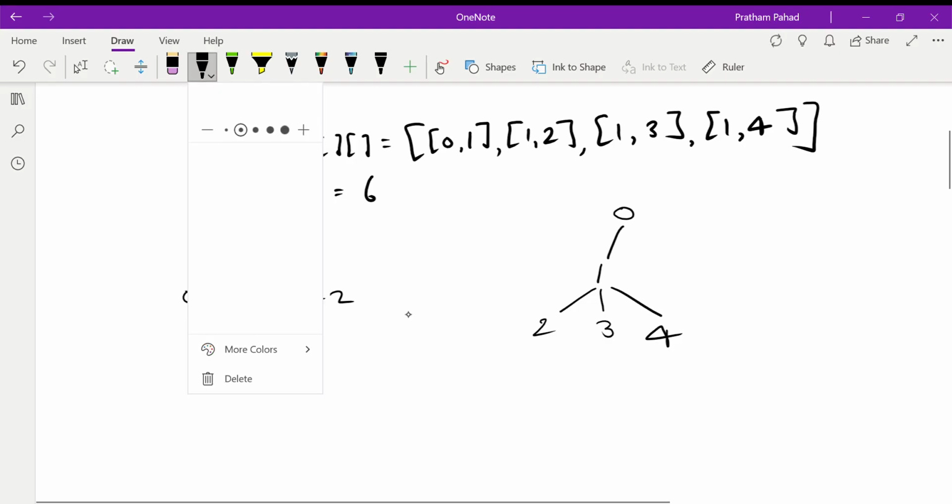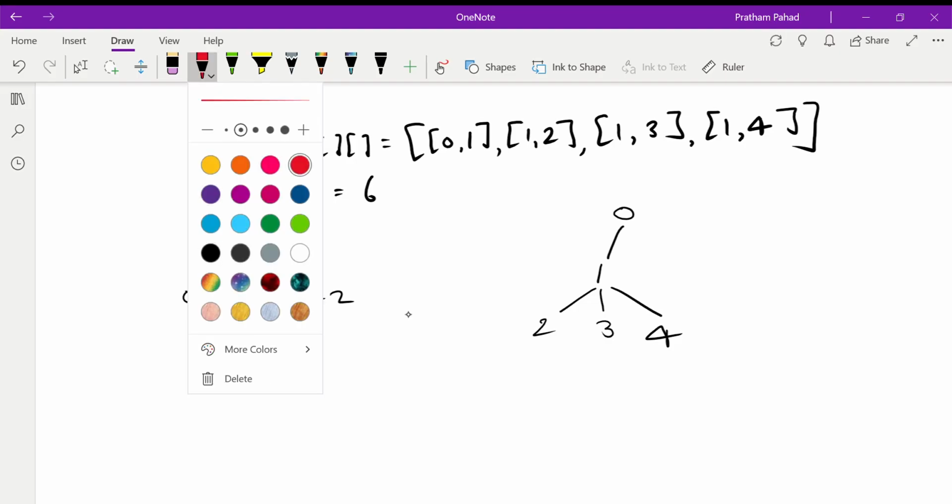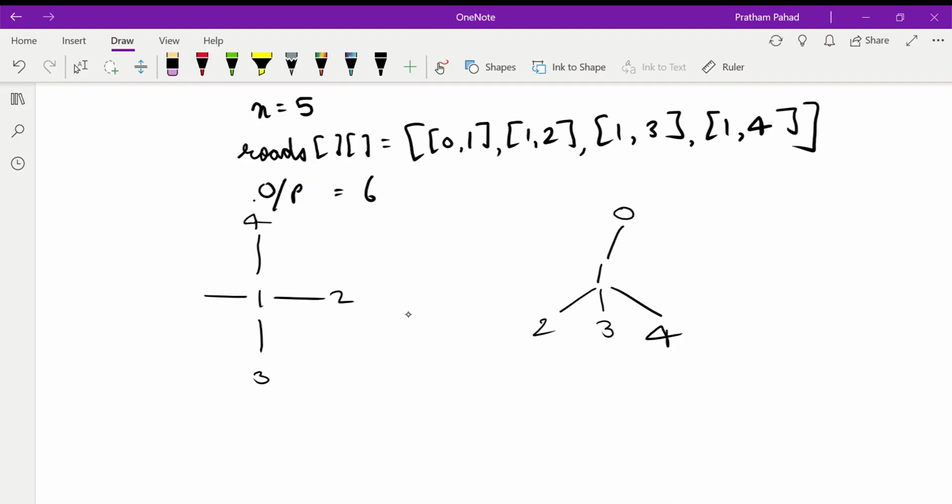Let's see. If I remove 0, how many pairs will be disconnected? 1 2 will be disconnected, 1 3, 1 4, sorry, 3 pairs will be disconnected. It will be similar for the cases of 4, 2 and 3.